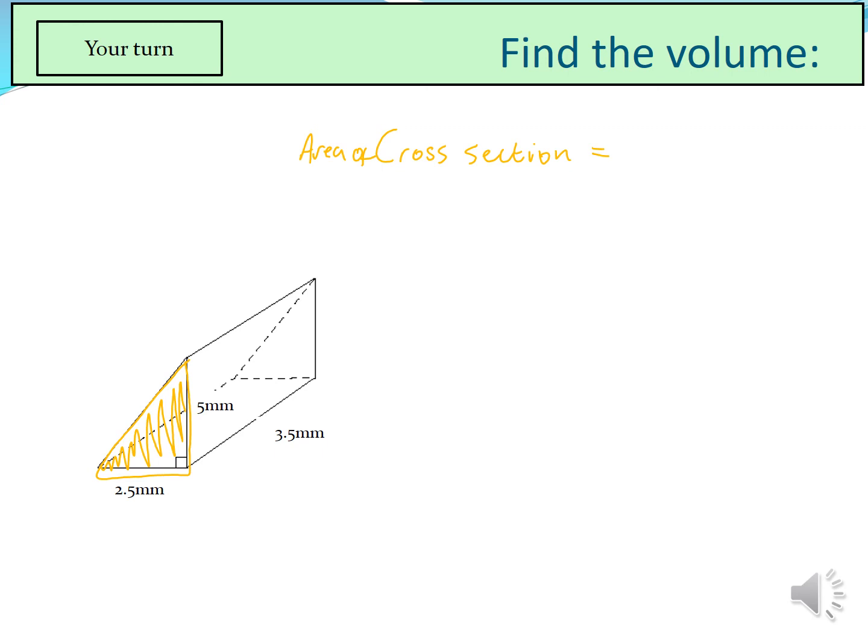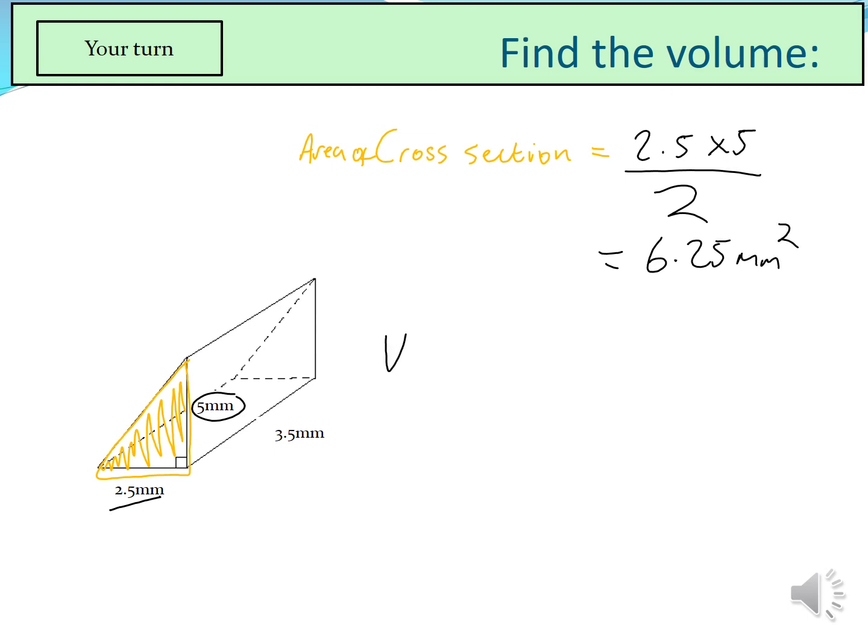equals, and let's do my working out, is base times height, where the base is 2.5 and the height is 5 millimeters. So 2.5 times it by 5, all divided by 2, and that should give us 6.25 millimeters squared.